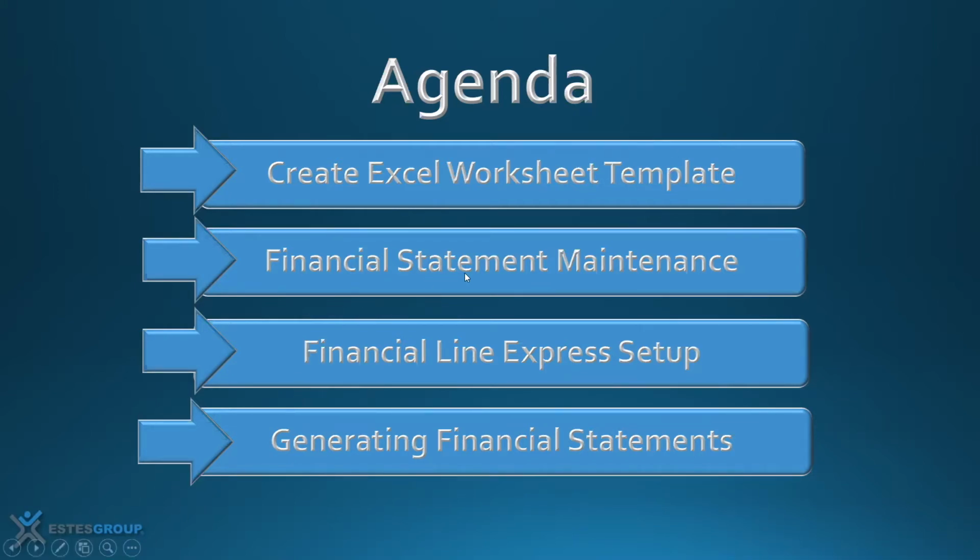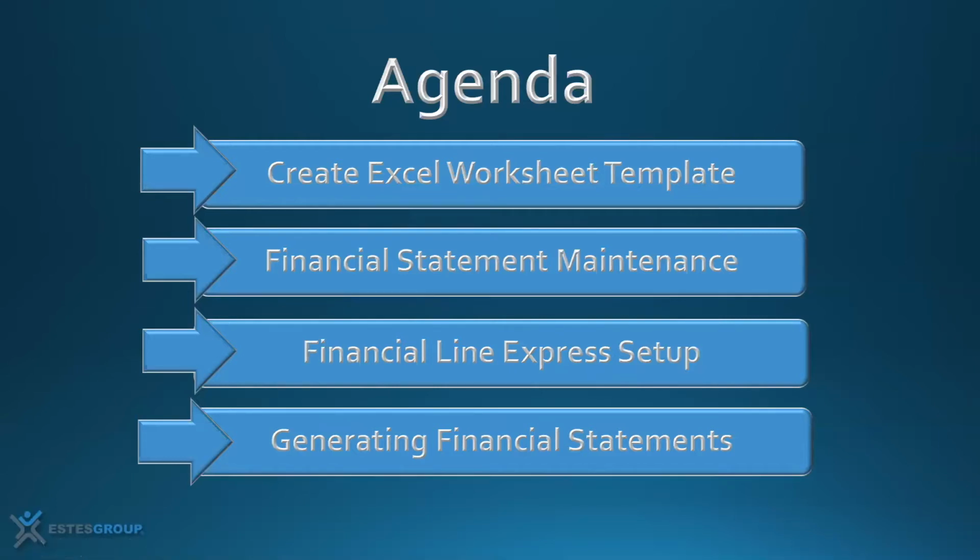The financial statement maintenance is the same thing you did for your prior version in the financial line item maintenance. I'm sorry, all these window names are very similar. It's the same thing. There's only one difference, and I will show you what that difference is. The financial line express setup is actually where you do most of your work.